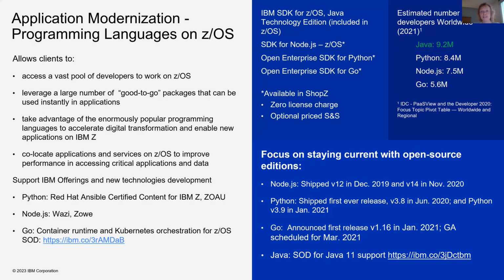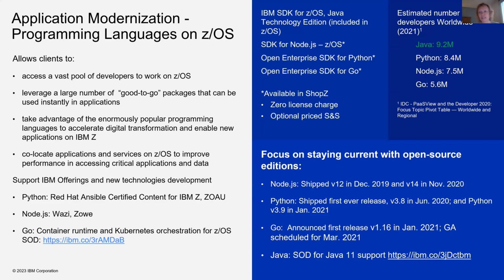But I did a little study to have a more holistic approach, and looked at what the popular programming languages available on z/OS are, and how they support accessing data stored in Db2 for z/OS. And you see here, Java has the most developers worldwide, or developers with Java skills.